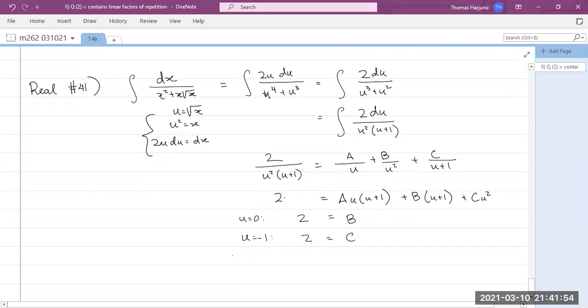Let me try u equals 1. When u equals 1, I have 2 equals 2a plus 2b plus c. So that's 2 equals 2a plus 4 plus 2. So a is -2.